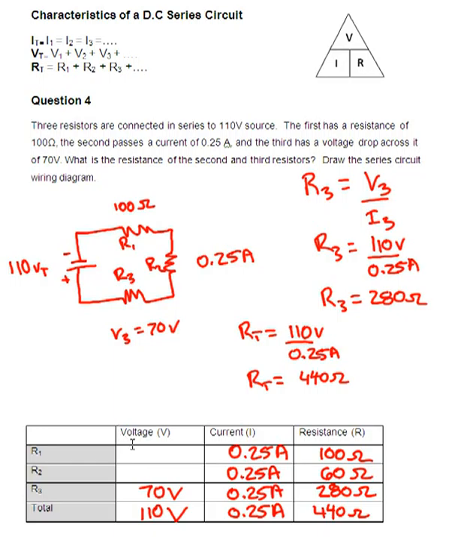But to finish off our chart, we can find V1 by taking 0.25 amps times 100 ohms, and we find that V1 equals 25 volts. Now we can find V2 by taking 110 volts, subtracting 70 volts, subtracting 25 volts, equals 15 volts, and we have found everything we needed to know and more.